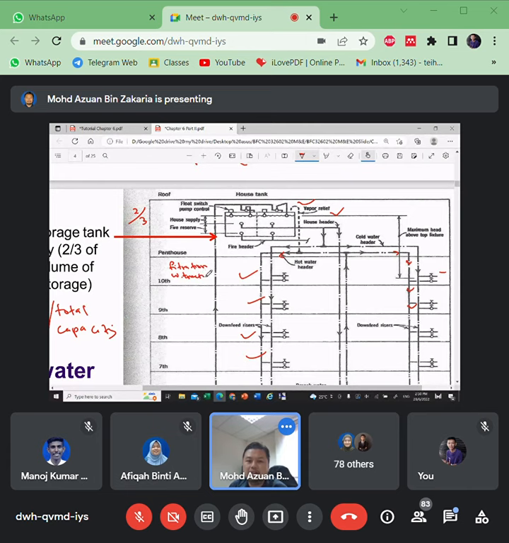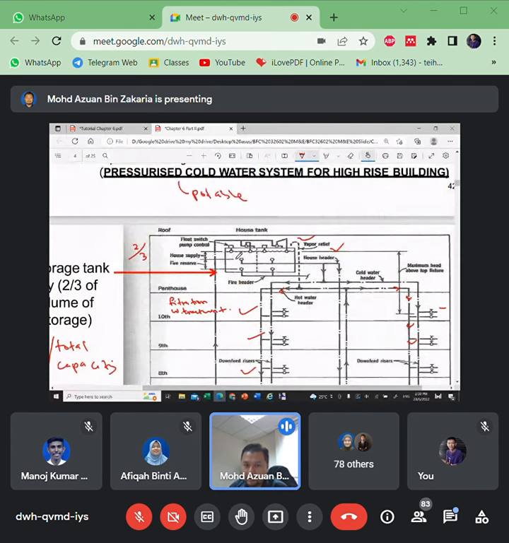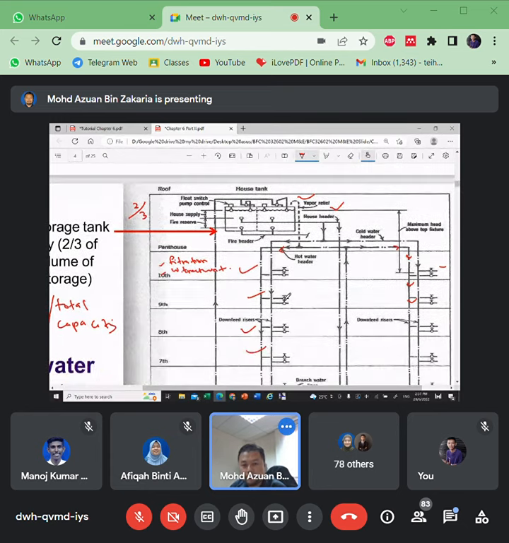Normally in a big building like this, it is a rare occasion that the water will be stagnant, because there are many residents, so somebody will always use it, and new water is always topped up. But just in case, it is better to have a good filtration or water treatment system for each house. So that is the indirect water supply system.